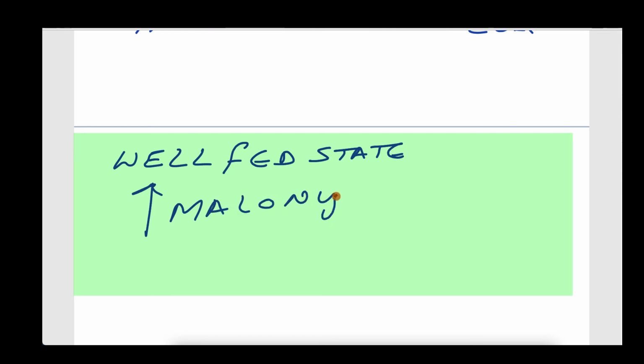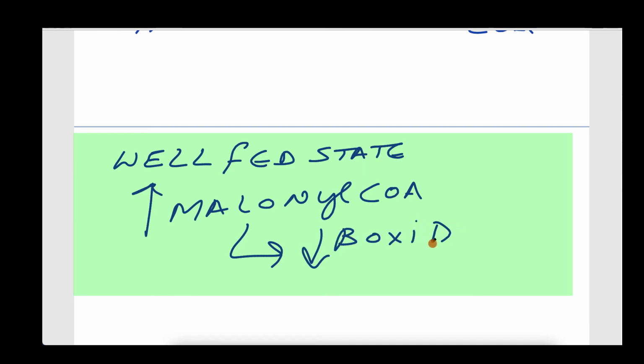Okay, let us see in the well-fed state why beta oxidation cannot take place. Here, there is increased malonyl CoA, malonyl coenzyme A. So this one decreases beta oxidation because it inhibits the CAT1.